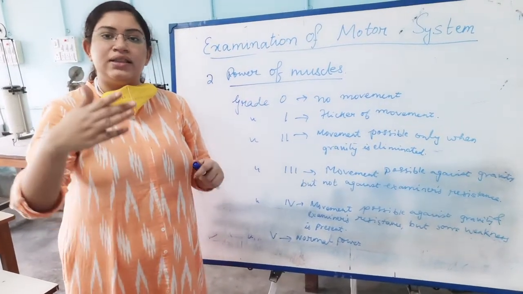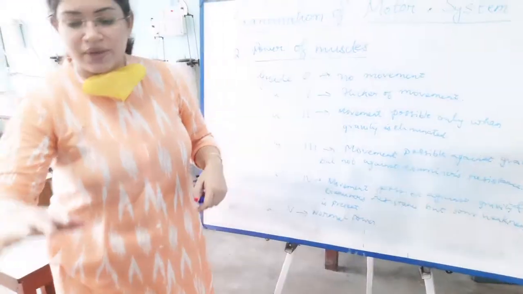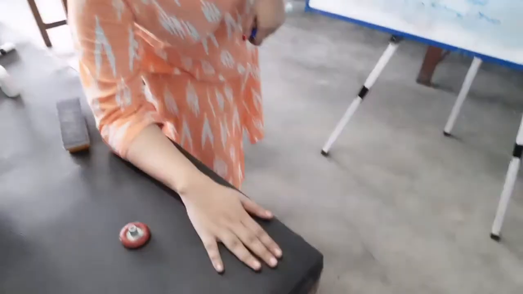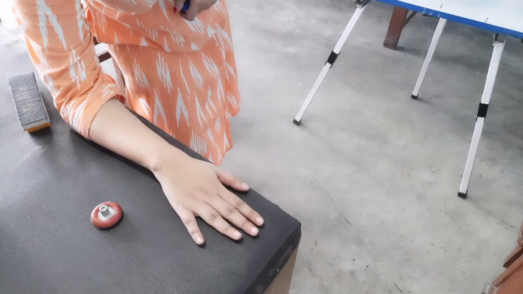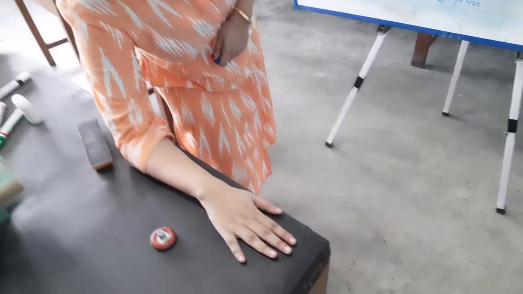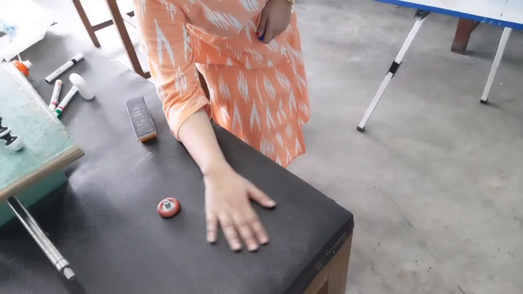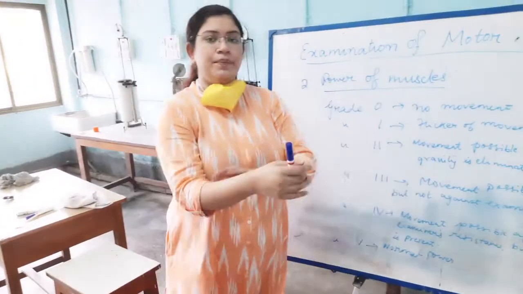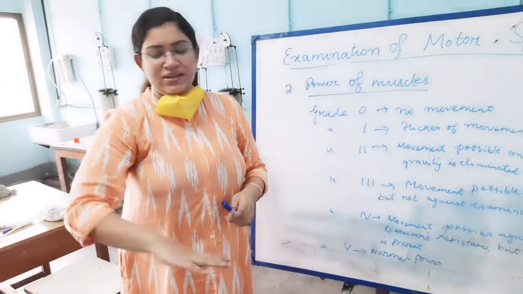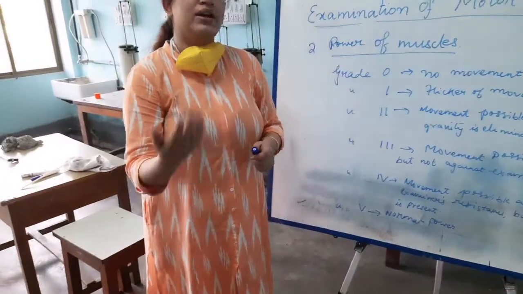That means he is lying down and keeping his hand on the bed, and he is able to move his palm like this. This is movement when gravity is eliminated. Clear? Keeping the limb over the bed, he is just moving his limb, not against gravity.